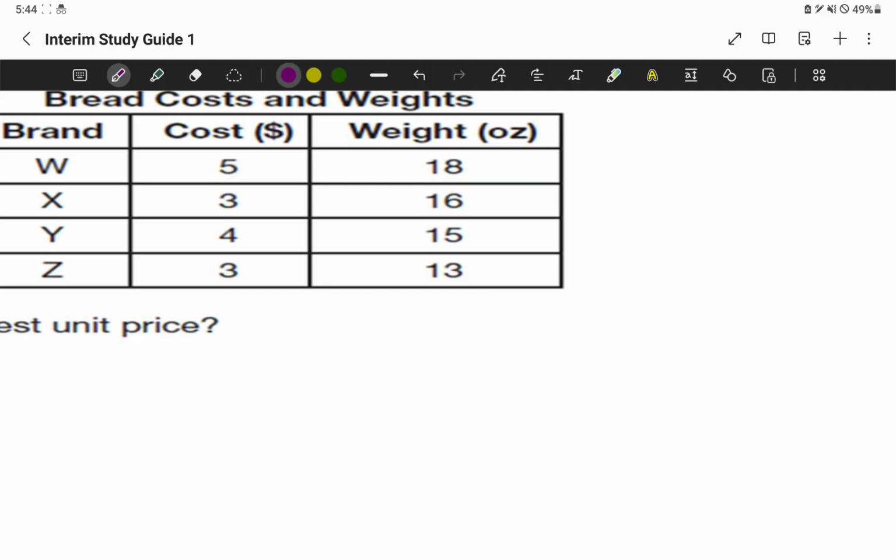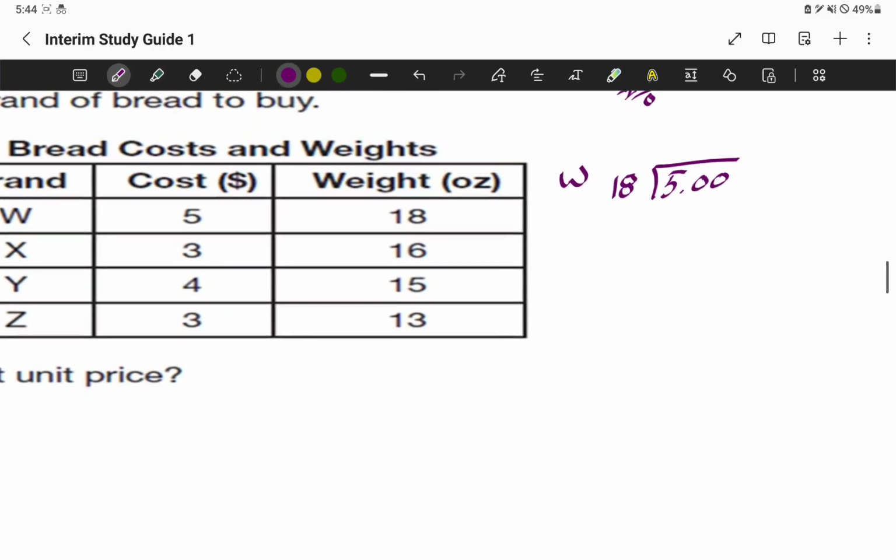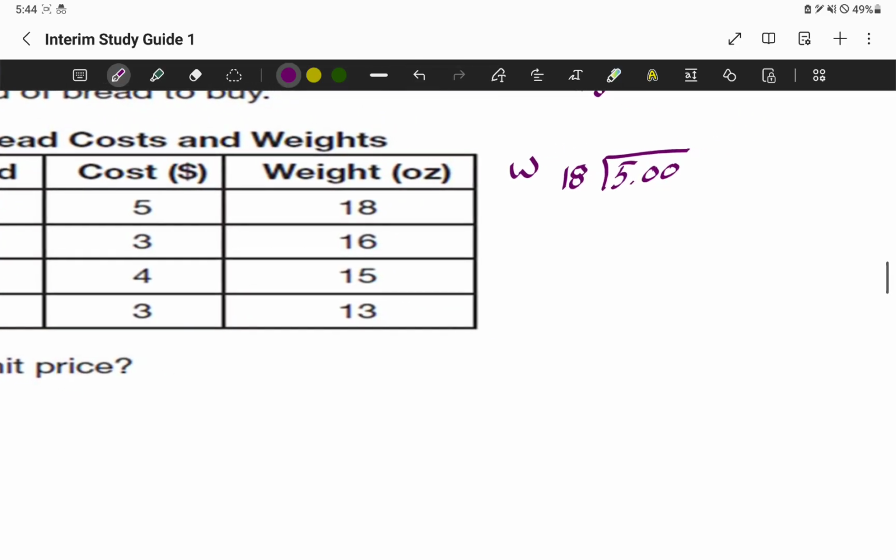So, for brand W, we do the money divided by the weight. So that's 18 into $5. Well, 18 times 2 is 36.